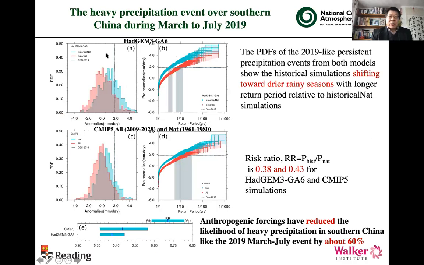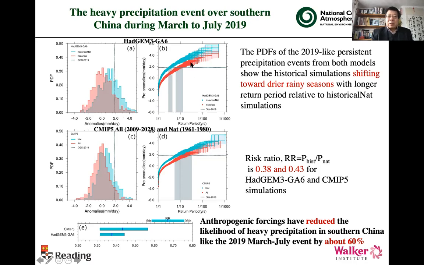And here are the 2019 simulations: one includes all forcing, and one includes only natural forcing, shown in blue, while the all forcing experiment for 2019 is shown in red. You can see that with the inclusion of anthropogenic forcing, the PDF shifts to the left, indicating anthropogenic forcing led to a decrease of heavy precipitation events.